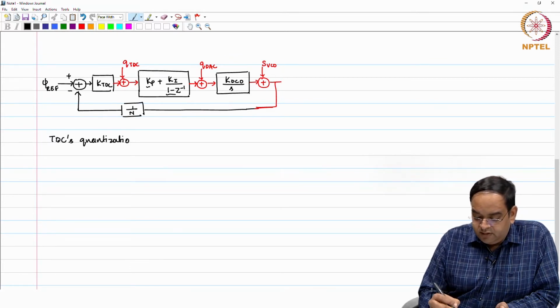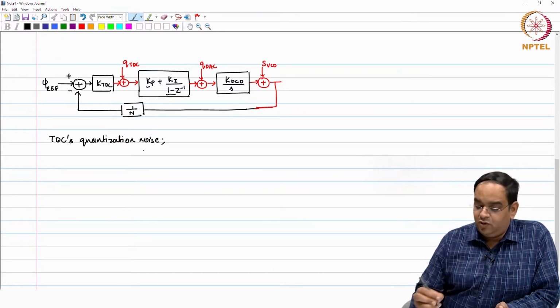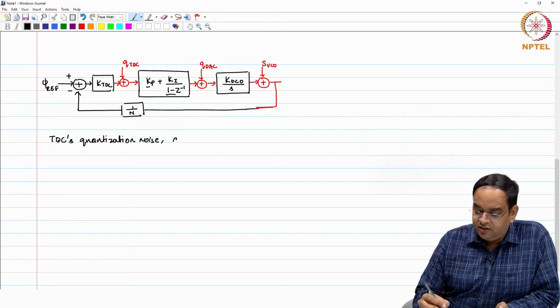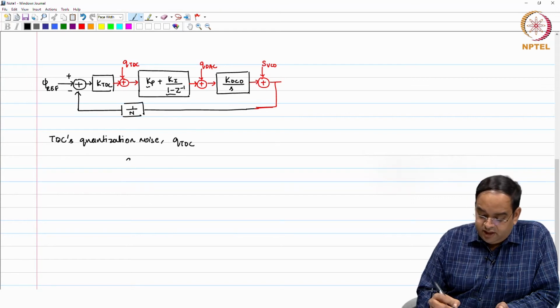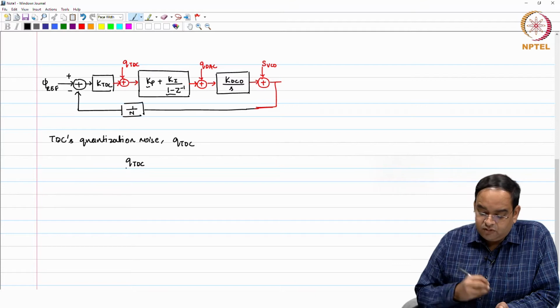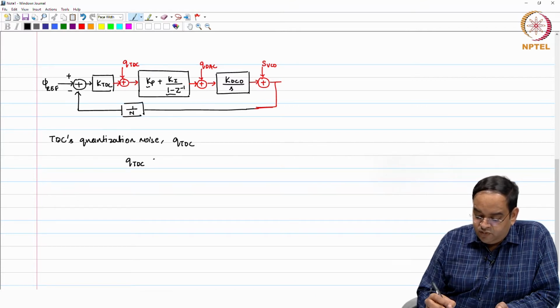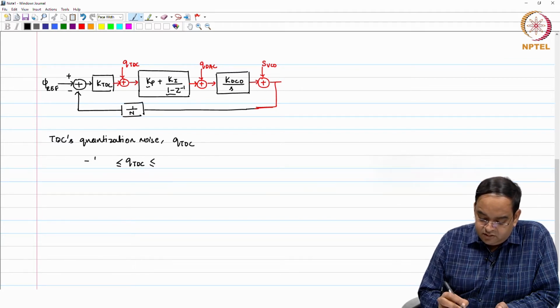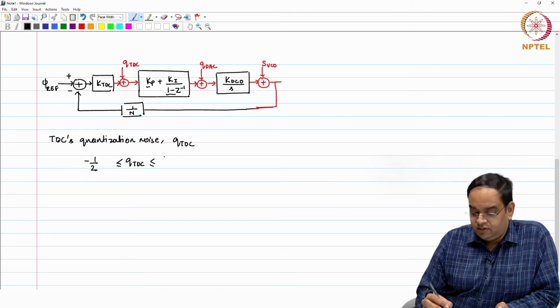we know that at any given time, QTDC is limited, and the quantization noise is going to be limited between plus minus half LSB of the TDC.